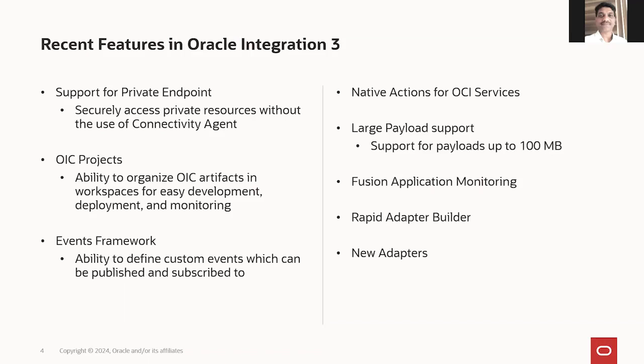Let's say you have an application installed on Oracle Cloud Infrastructure, and you can access that particular application without installing the connectivity agent. So you can securely access all the private resources hosted on Oracle Cloud Infrastructure without using the connectivity agent.